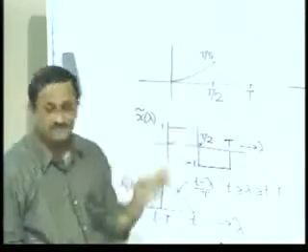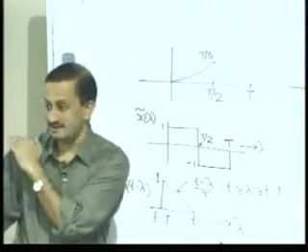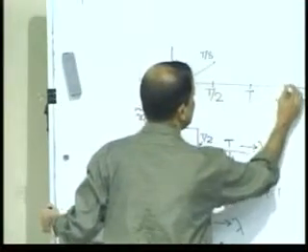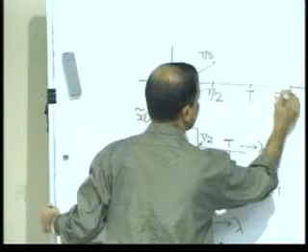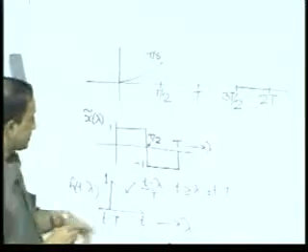But in fact we need to divide this convolution into 4 segments here: the segment from 0 to t by 2, from t by 2 to t, to 3t by 2, and from 3t by 2 to 2t, right?